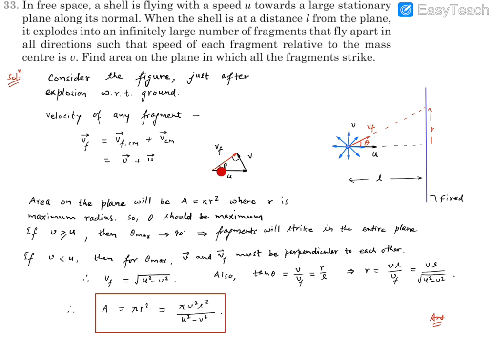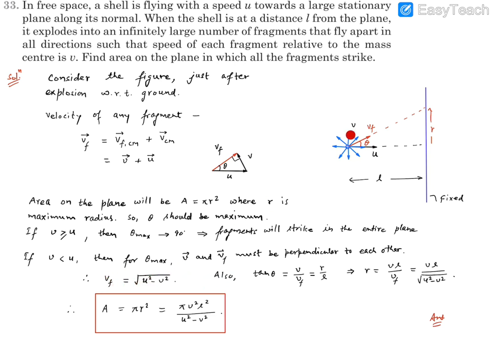So theta will be max only if vf, the fragment's velocity, and the velocity of the fragment with respect to the shell, v, are perpendicular. So I wrote over here, for theta max, the v and vf vectors must be perpendicular to each other. That means it becomes a right angle triangle. Once it is a right angle triangle, we can say vf must be equal to the square root of u square minus v square. And since u is greater than v, it is a feasible, existing number, right?